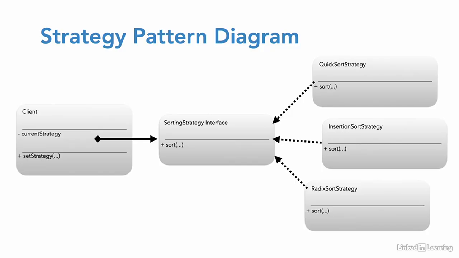And then whenever this class needs to perform its task, right? So whenever our client needs to sort something, it'll call the sort method on its current strategy member variable. So that's basically what the pattern looks like. We'll see this in more detail in our coding example.